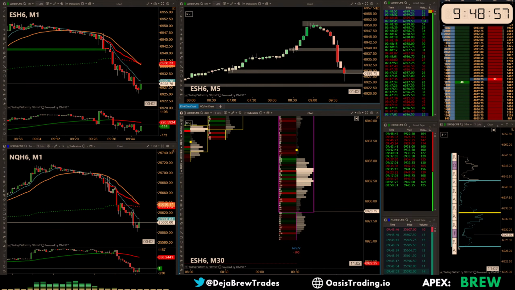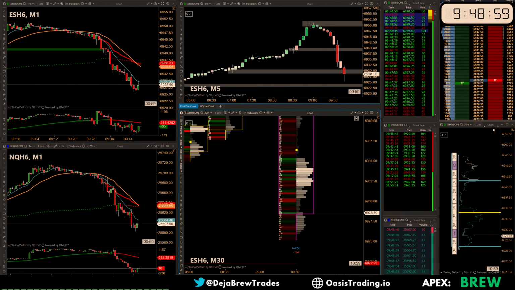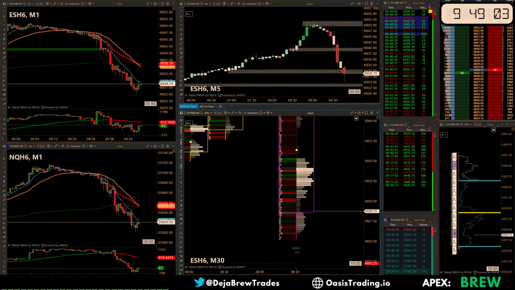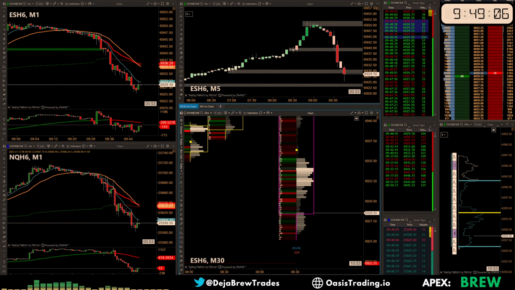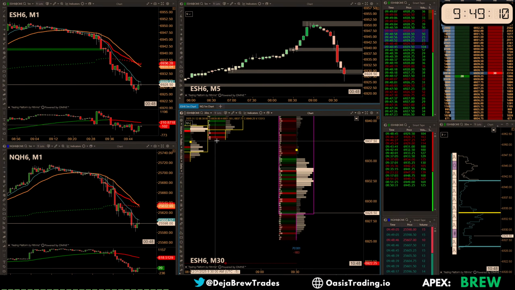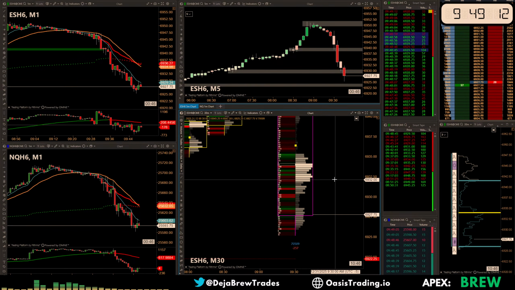Our first trade plan target is also hit on NASDAQ at 621. Next level coming up pretty soon. Starting to get a little bit of bullish delta on these lows here.